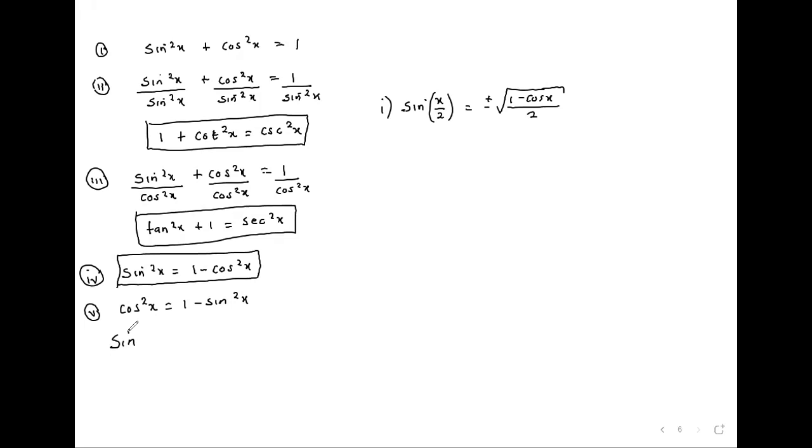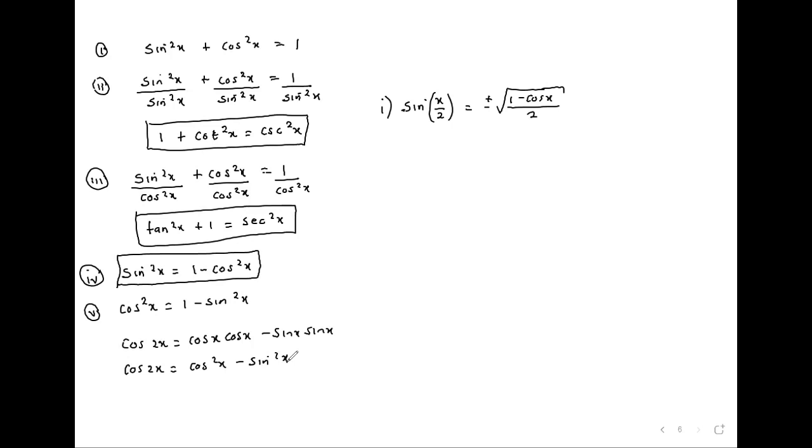For example, cos 2x is the same as cos x minus sin x, meaning that cos 2x is equal to cos squared x minus sin squared x. This is the answer to your question.